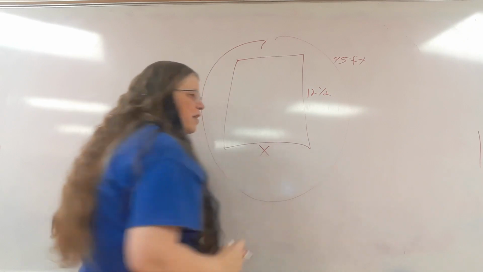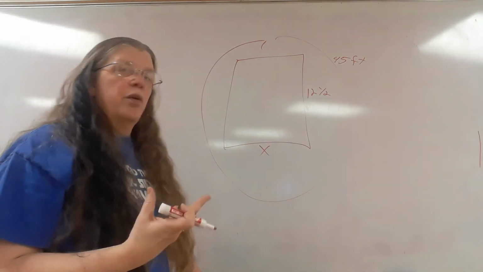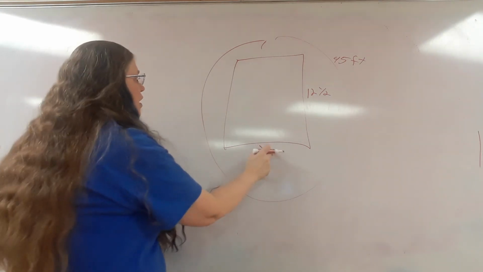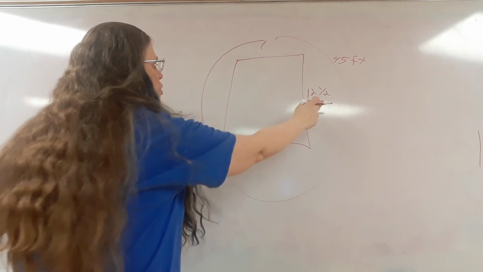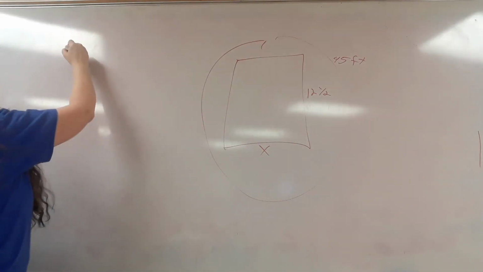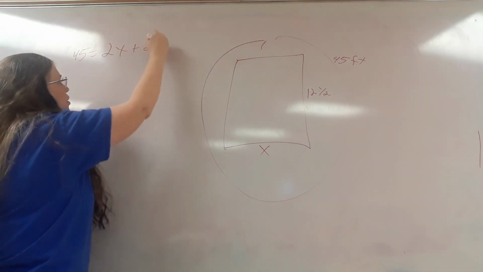They want to know what this is. So when we're doing a perimeter problem, we're adding the 4 sides. In this side, in case we have x. So we got 2 12.5s and 2 x's. So we have 45 equals 2x plus 2 times 12.5.